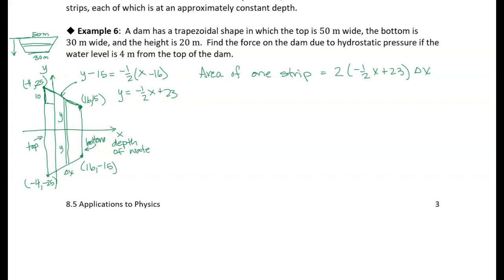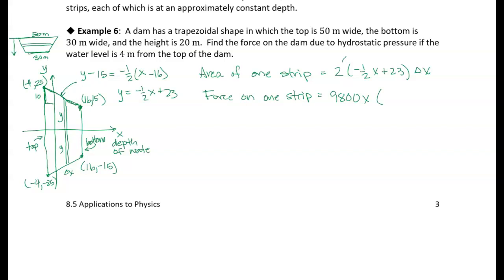So now if we take the area of that strip times the pressure at that depth, we get the force on one strip of the dam. That is equal to 9,800 x, right? So 9,800 times the depth, times the area of the strip.